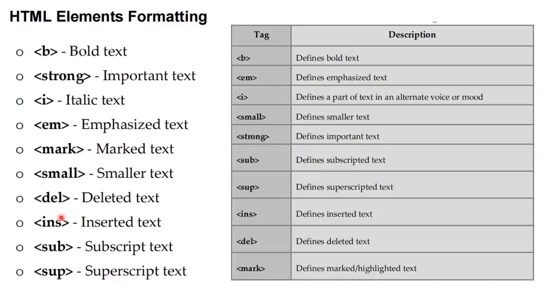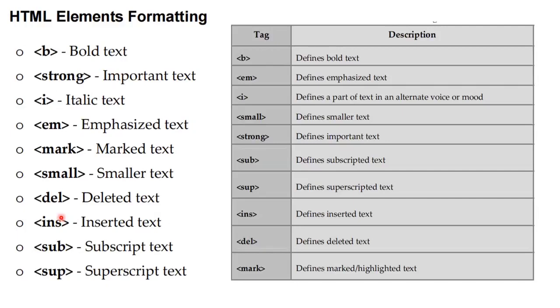Next one is HTML elements formatting. There are a few formatting elements when it comes to HTML. The first one is the bold text that defines the boldness of the text, and the next one is strong. Mostly bold and strong are confused.